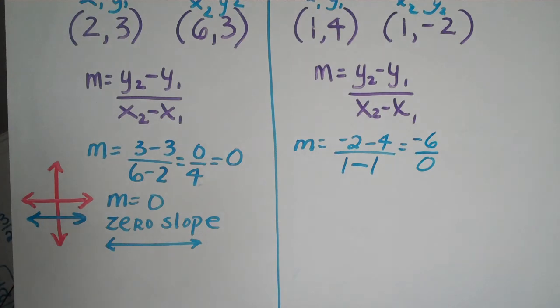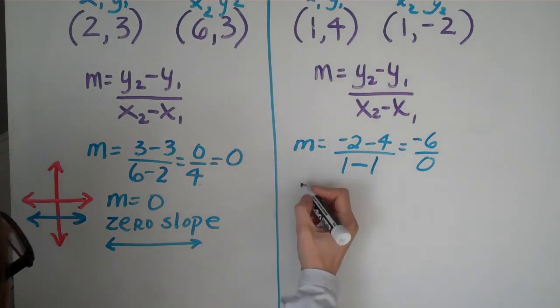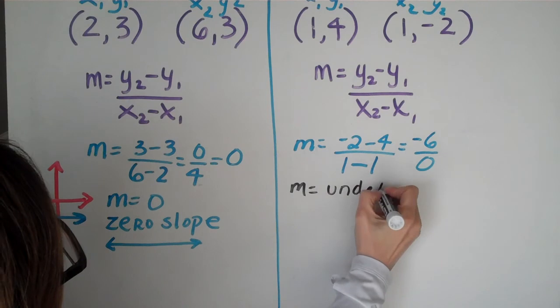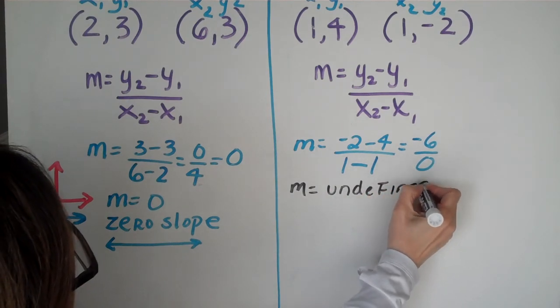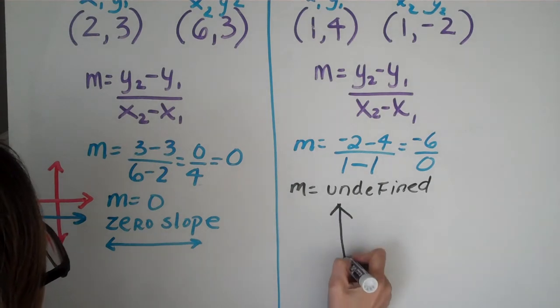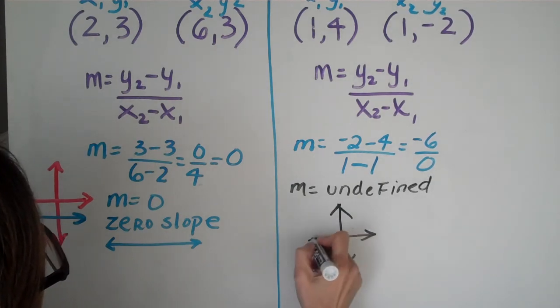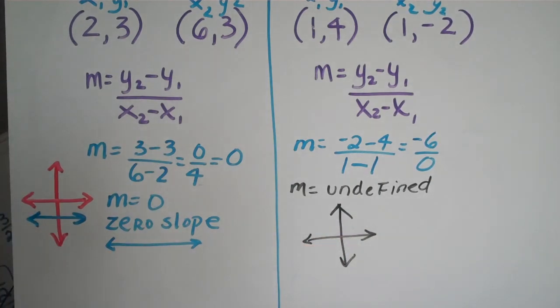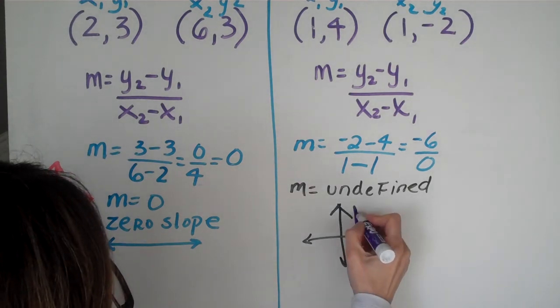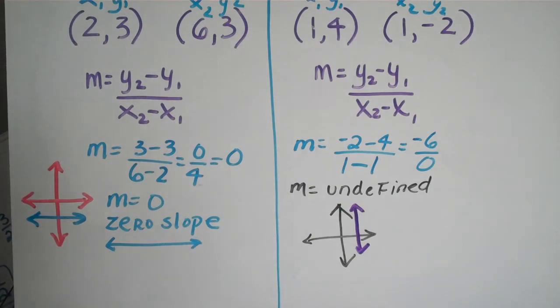Now, we cannot ever divide by 0, so we call this undefined. So m equals undefined, and we know from our prior video on the different types of slope that undefined would be a vertical line. So anytime you saw a vertical line like that, that's an undefined slope.